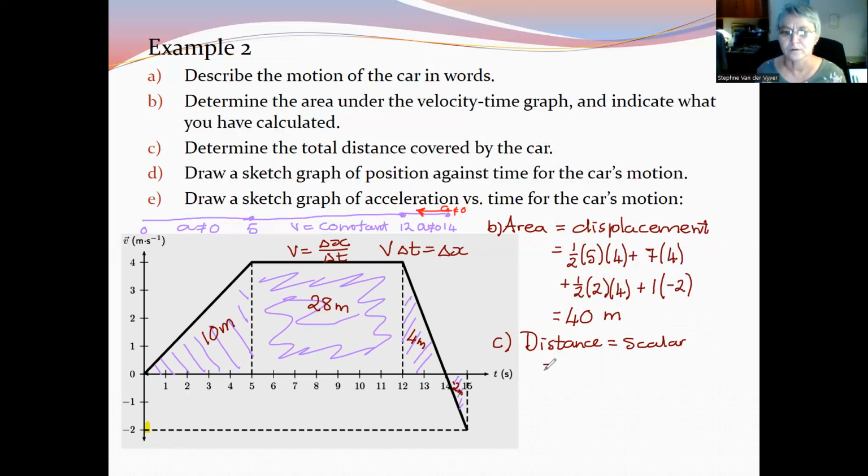So for this, it will be the 10 meters traveled in the first 5 seconds, the 28 meters traveled in the next 7 seconds, the 4 meters traveled in the next 2 seconds, plus the 2 meters traveled while he was going backwards. That is distance. So this adds up to 44 meters, the distance that the car covered.